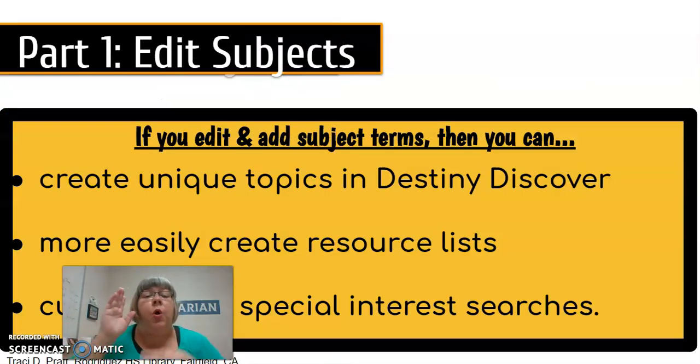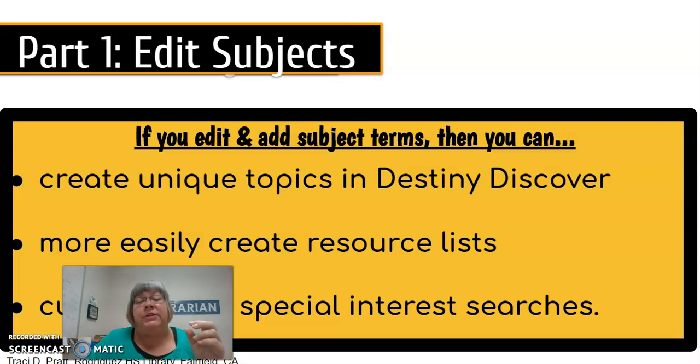All right, so why do we want to even mess with the subject terms? Well, you can link the subject terms and create unique topics in Destiny Discover. So in Destiny Discover, you got those wonderful ribbons, science fiction and horror and all of that kind of stuff. Well, you can create unique ones.